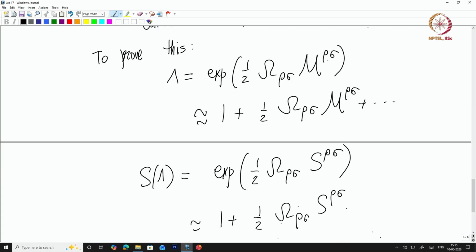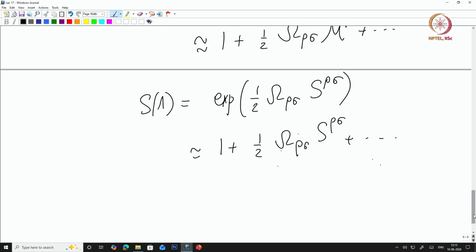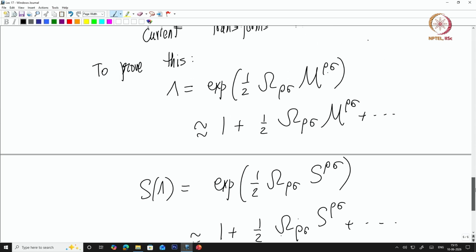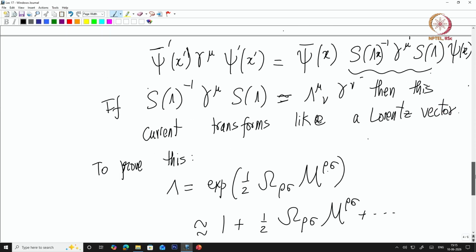You know what the definition of S is, so you put it back and then check for this relation. That is the basic idea.